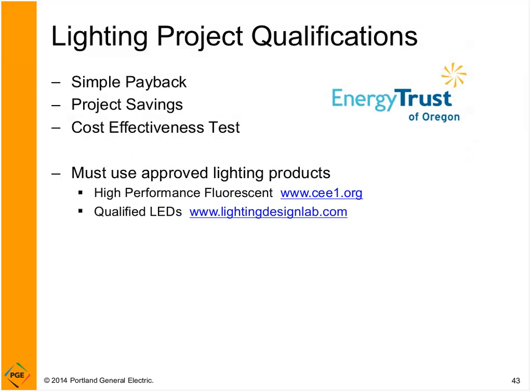And if you're going to use LEDs, you also have to have qualified LEDs. And these are websites where you can find out if what you're considering is an approved lighting product or not. And maybe most important, don't forget to have your project pre-approved before you start work or order any equipment.